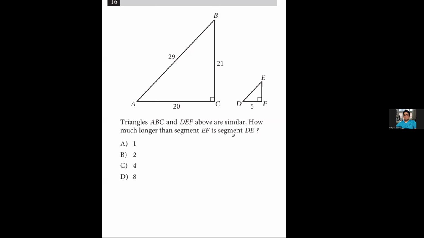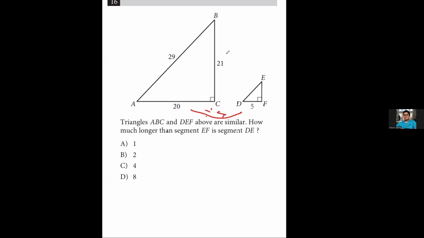How much longer is EF than DE? Well, since they're similar, it means AB is DE and BC is EF. So in this case, the conversion ratio is divided by 4 approximately, because 20 divided by 4 is 5.